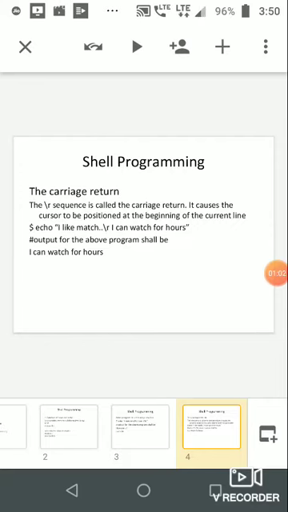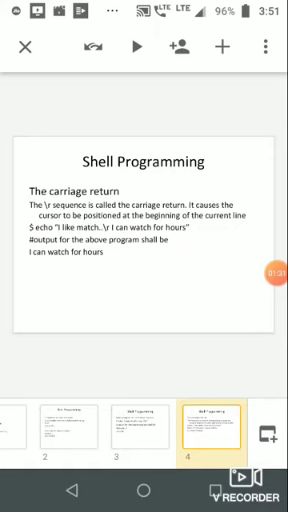You already know that we have discussed some escape sequences previously, like new line, slash n. So here you can see another escape sequence, that is slash r, which stands for carriage return.